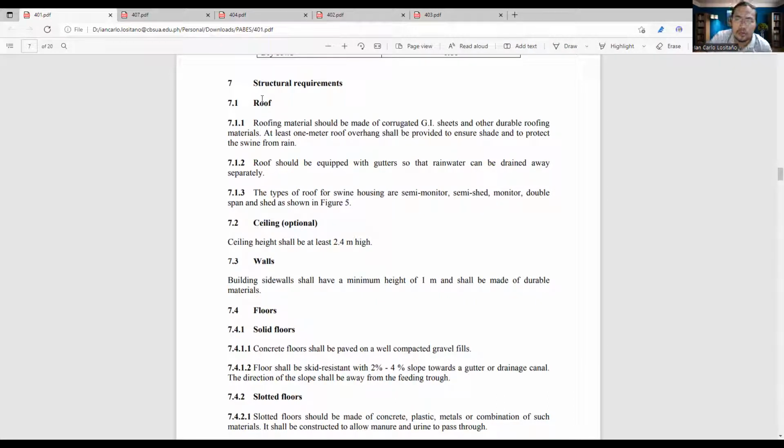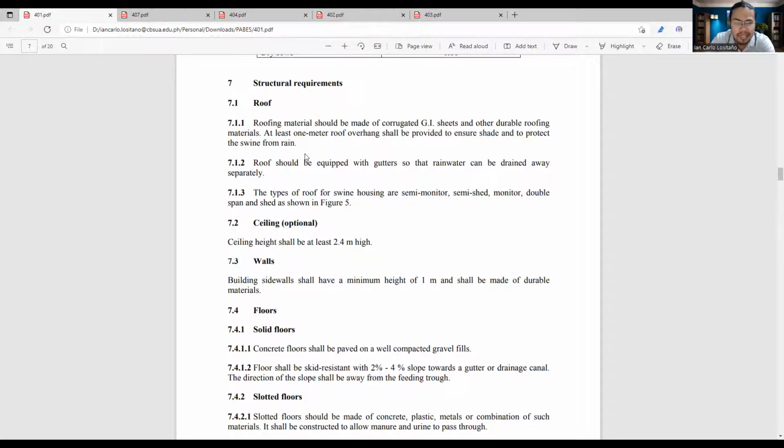Again, to stress this concept: for those statements or provisions which have "shall" in their construction, it means that these are mandatory requirements. For those that have "should" or "may", these are recommendatory.